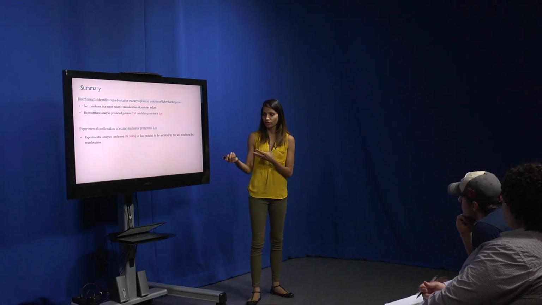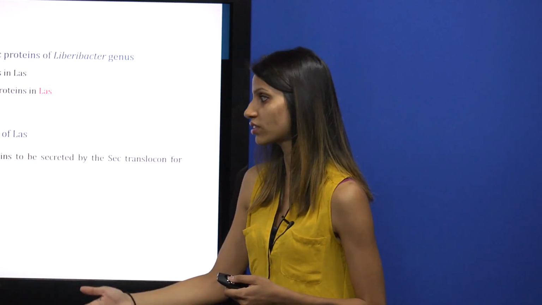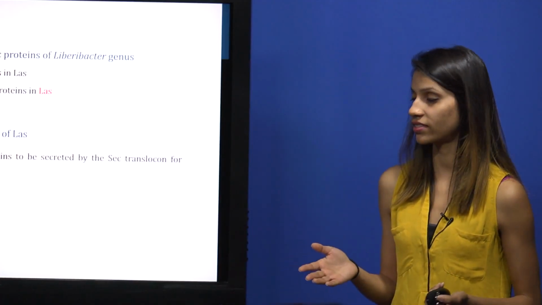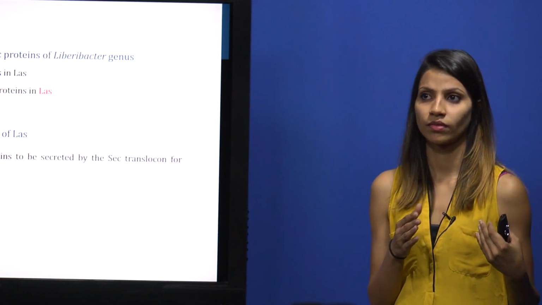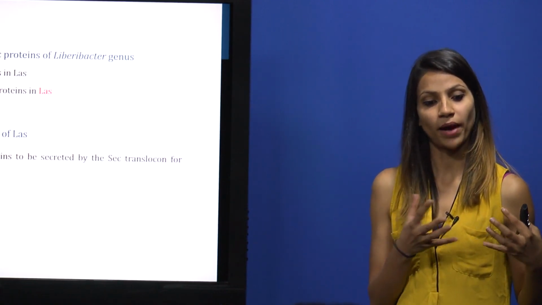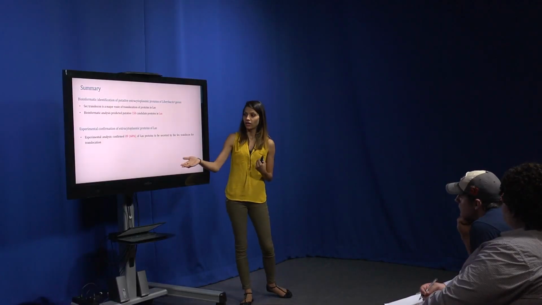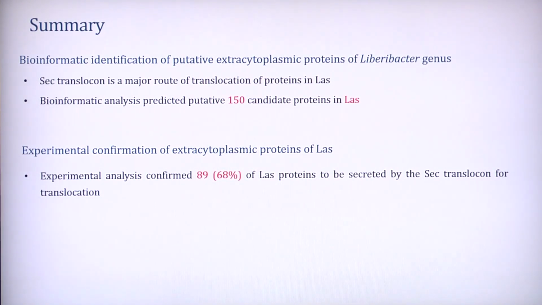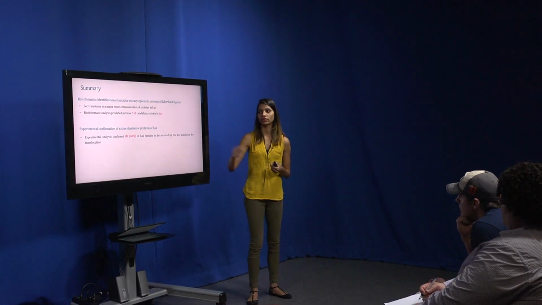I wanted to experimentally confirm these extracytoplasmic or secreted proteins, and based on my experimental analysis with the 4A assay, which is a very dependable biochemical assay you perform on proteins, I confirmed 89 proteins of LAS which were being secreted outside of the cell through the Sec translocation pathway.